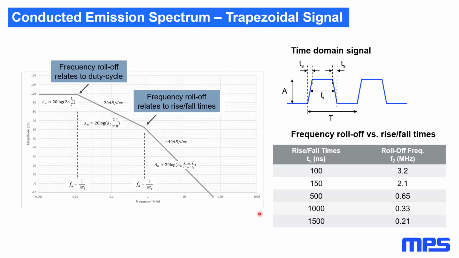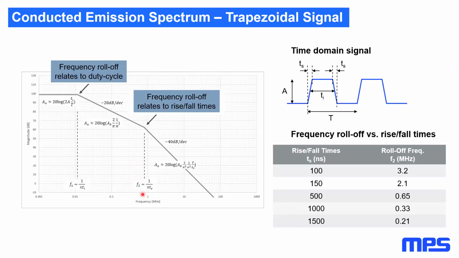The higher the rate of change in the voltage on the motor lines, the more difficult it becomes to meet conducted EMI compliance. As we can observe here, the magnitude of the spurious noise is directly proportional to the input supply. The first frequency roll-off is influenced by the PWM signal duty cycle, while the second frequency roll-off relates more to the rise and fall time of the signal.